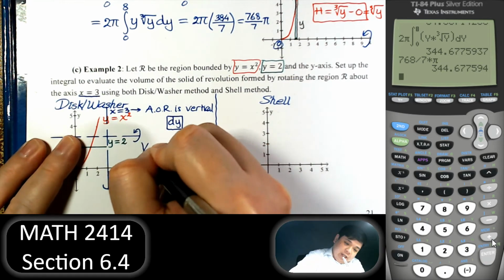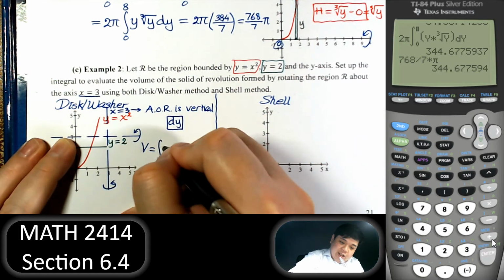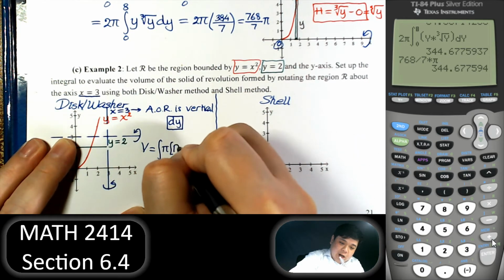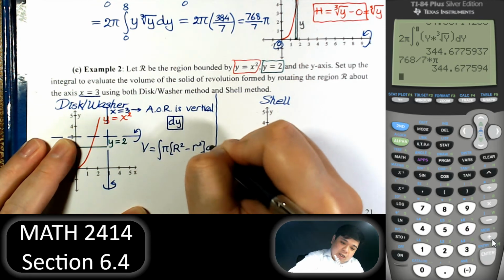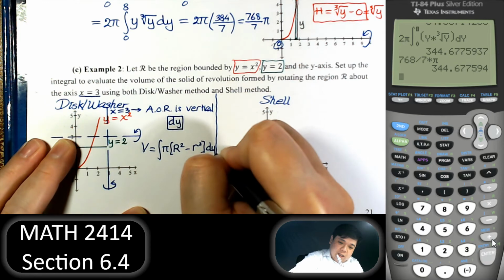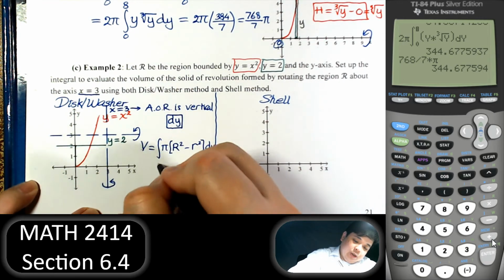So it will be V equal to the integral of pi R squared minus little r squared dy, where y in this example goes from 0 to 2.